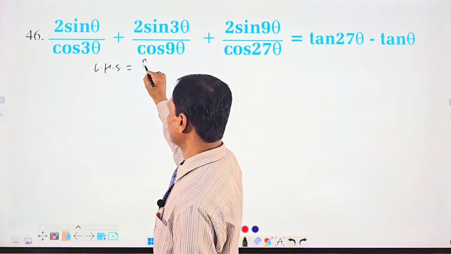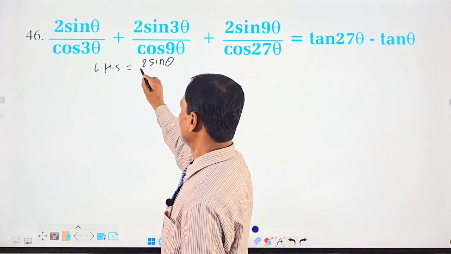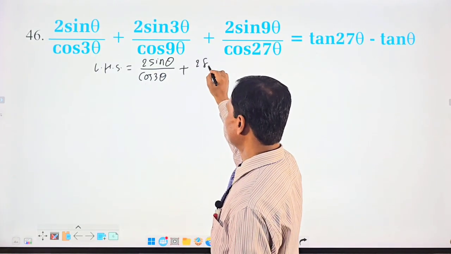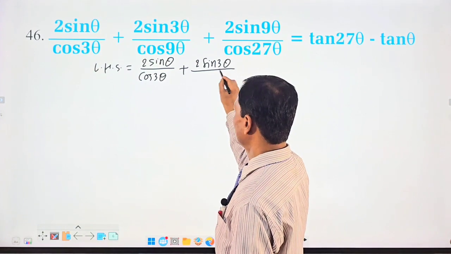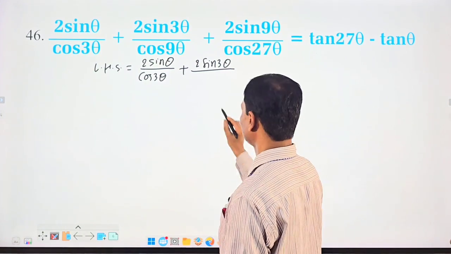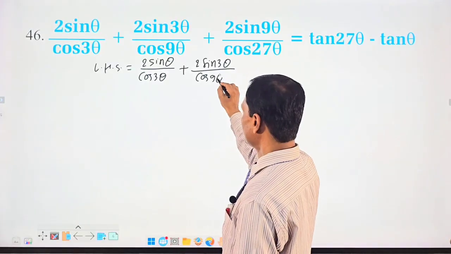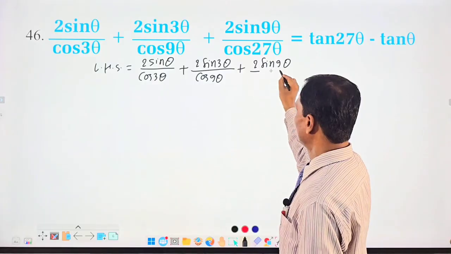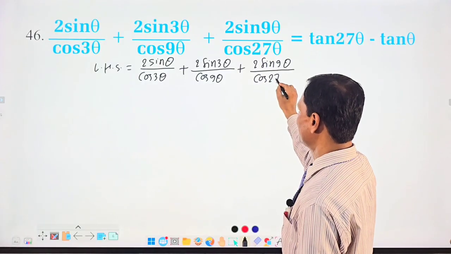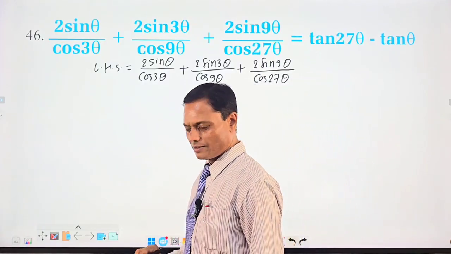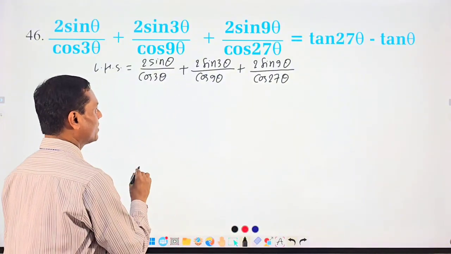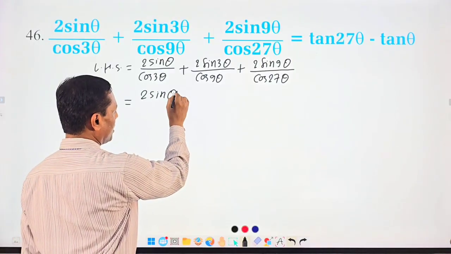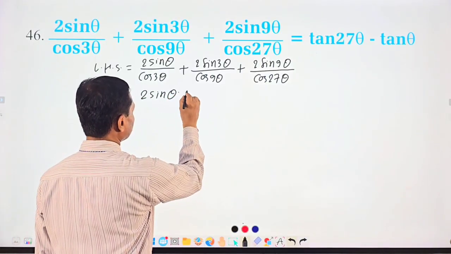Left hand side equals 2 sin theta over cos 3 theta plus 2 sin 3 theta over cos 9 theta plus 2 sin 9 theta over cos 27 theta, isn't it? We have to apply one technique. Here in 2 sin theta, let's multiply up and down by cos theta.